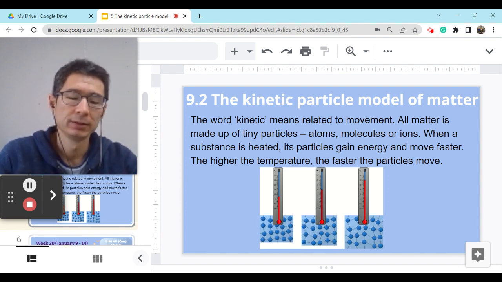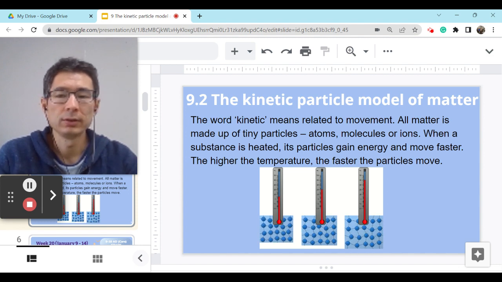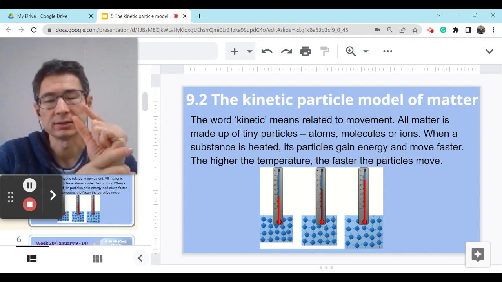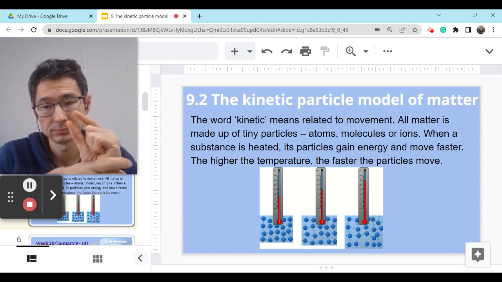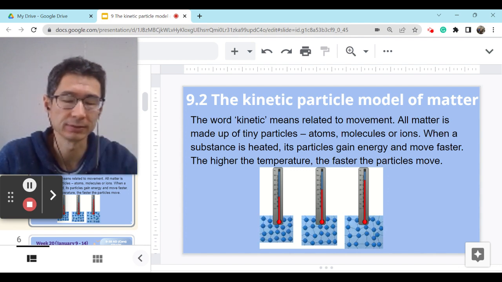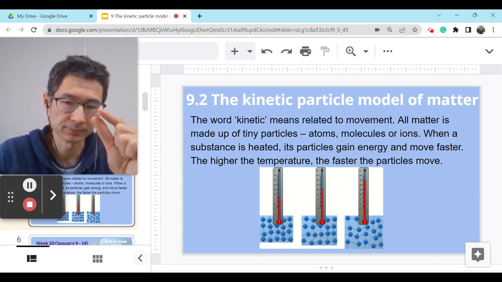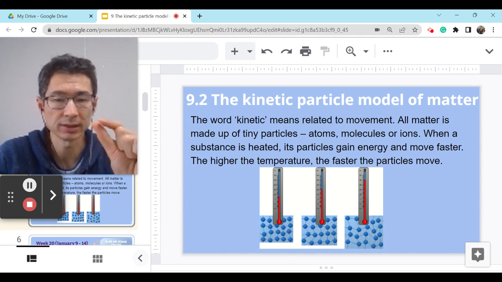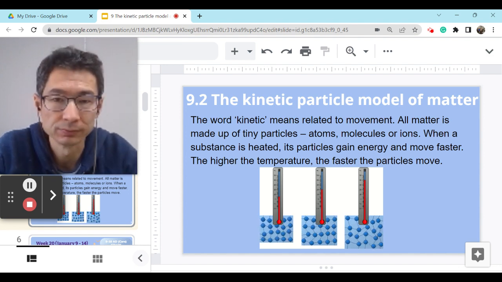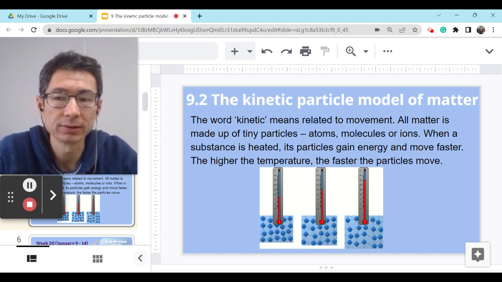So the kinetic particle model says all matter is made of particles, the tiny atoms, molecules, or ions, the smallest parts of matter. And they are in constant motion. That's the main idea behind the kinetic particle model. They are in constant motion.